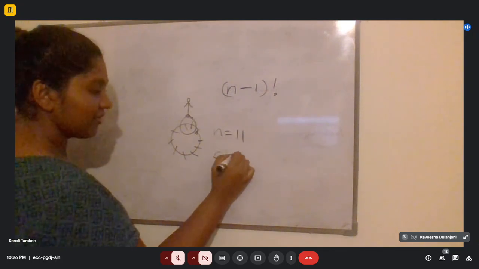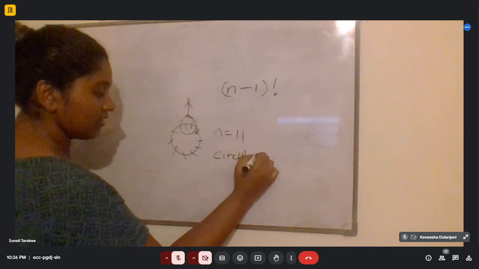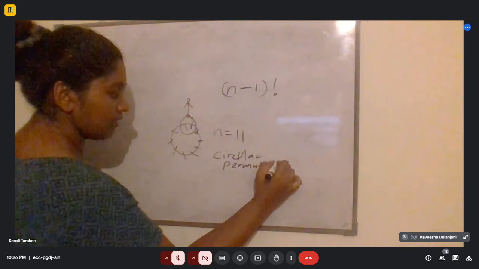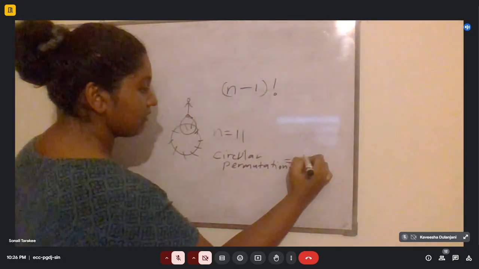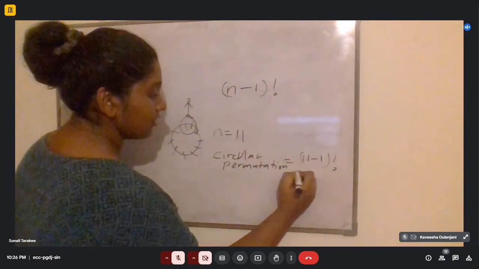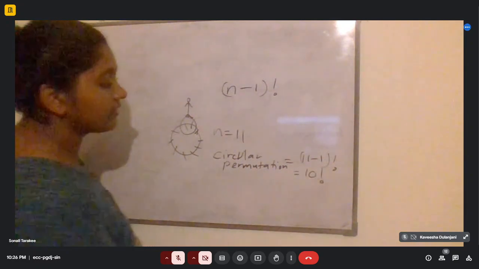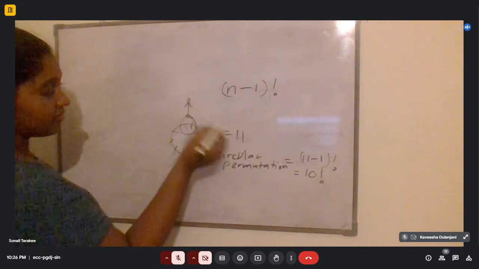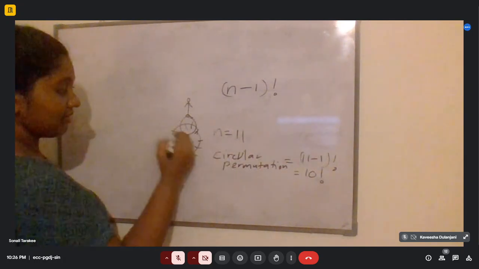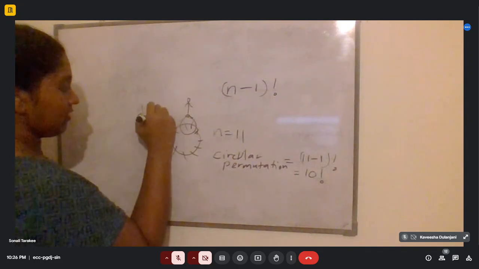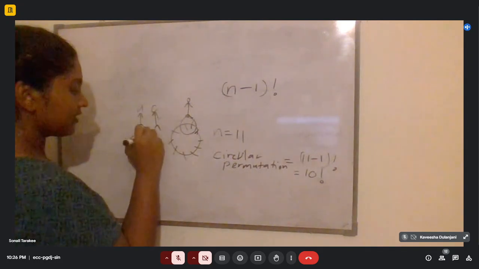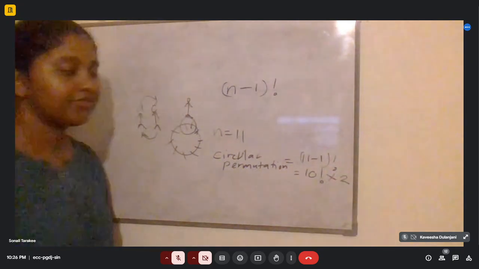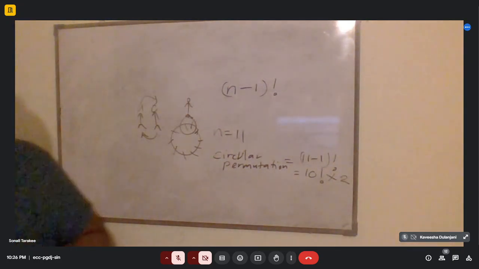Therefore, the circular permutation equals 11 minus 1 factorial, which is 10 factorial. But this married couple can also change their seats. They can also interchange the seats. So this should be multiplied by 2. That's the answer.